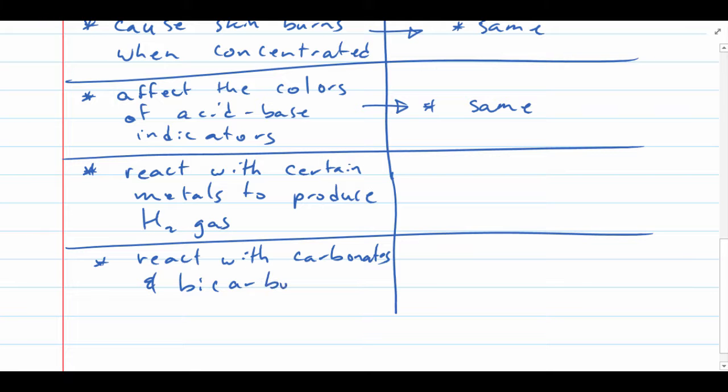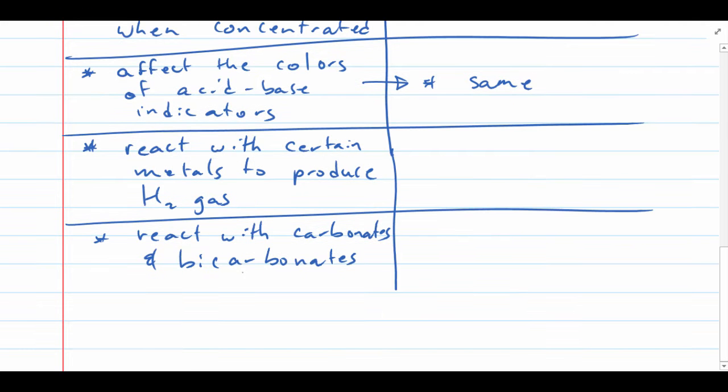This is also something else you did in lab. When they react with carbonates and bicarbonates, they wind up producing carbon dioxide gas. So again, these are things that you did.